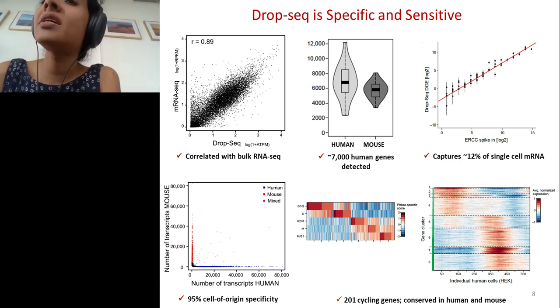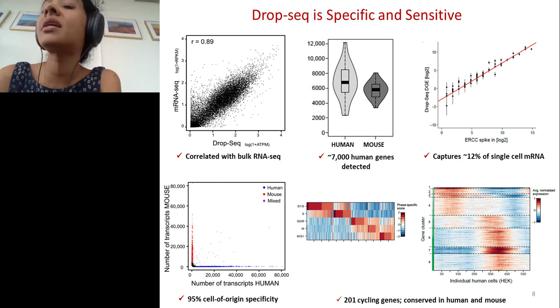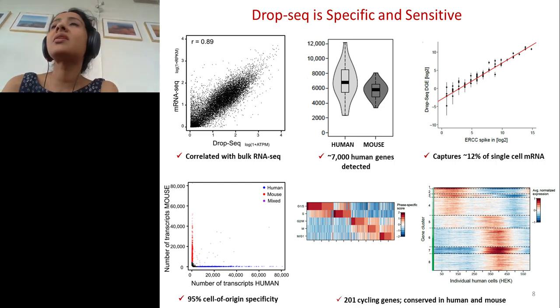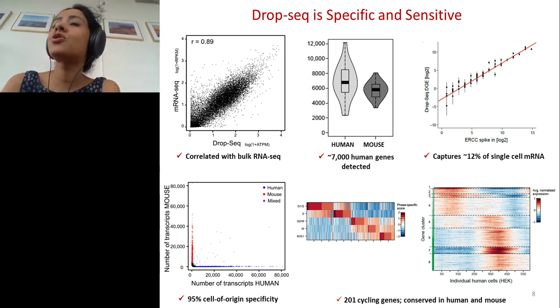To establish that we can indeed make single cell libraries and it's not a mixture from different cells, we performed an experiment taking cells from a mouse cell line and cells from a human cell line, mixing them together, and running Drop-seq. For the most part, after sequencing, when we align each cellular barcode to the mouse and the human genome, we see that all of them align to either the human genome or the mouse genome specifically, mostly.